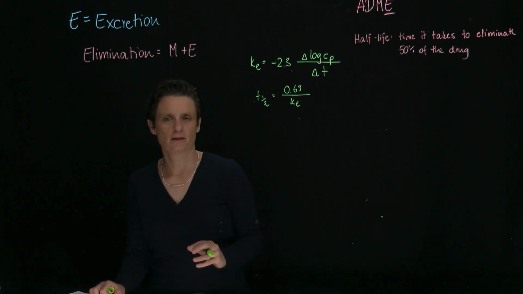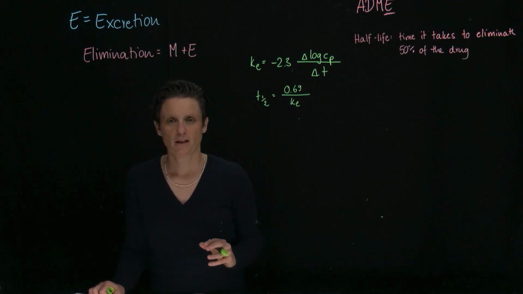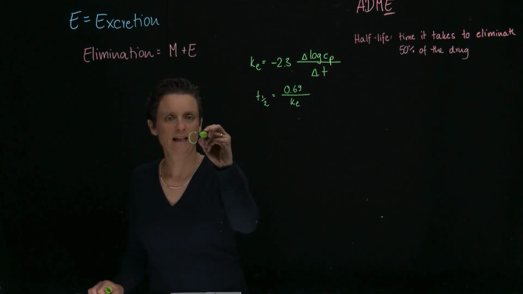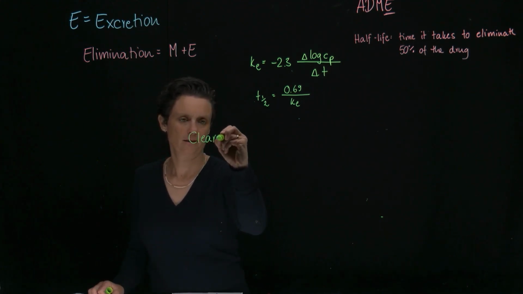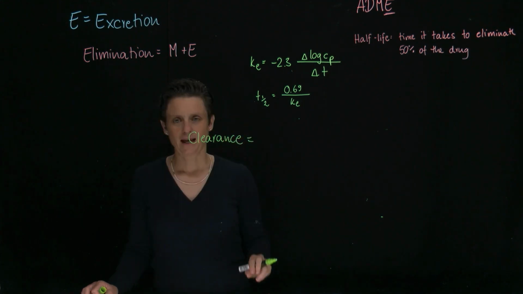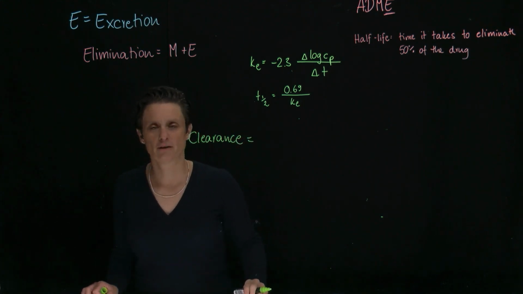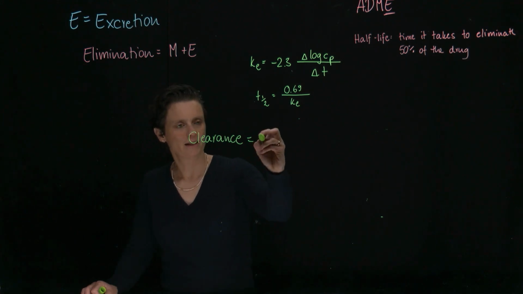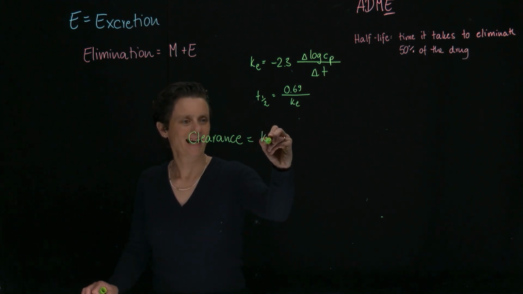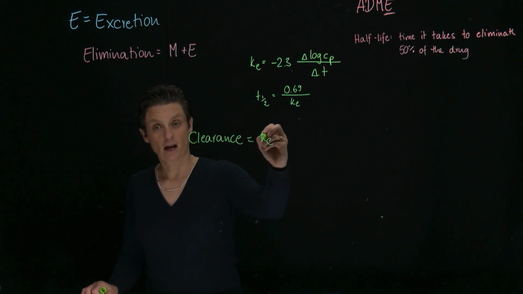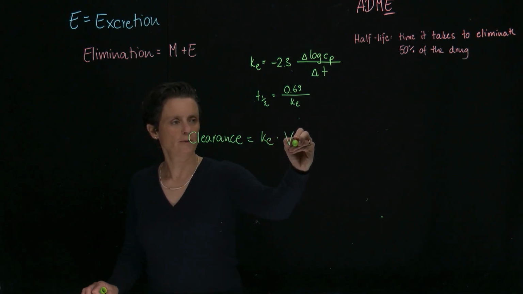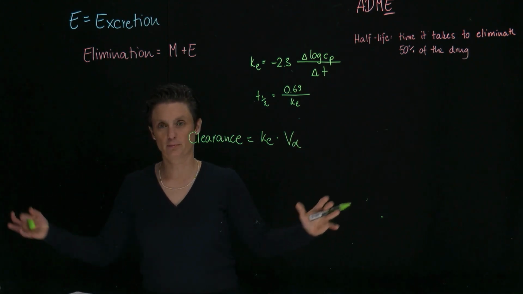Another important key parameter for elimination, where Ke also is going to come up, is clearance. And the clearance is a measure of the removal of the drug from the body. And the clearance is defined by Ke, which tells us something about how fast the drug is eliminated. But also we need to put in here the volume of distribution.